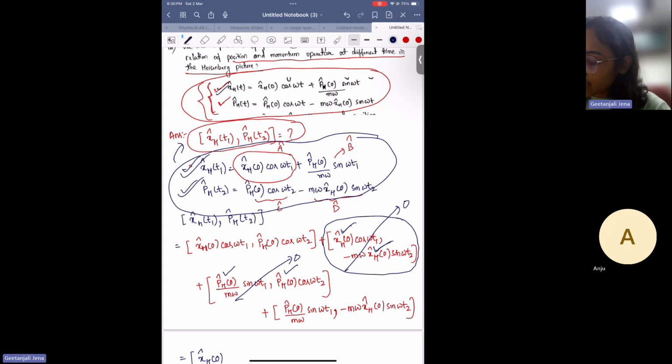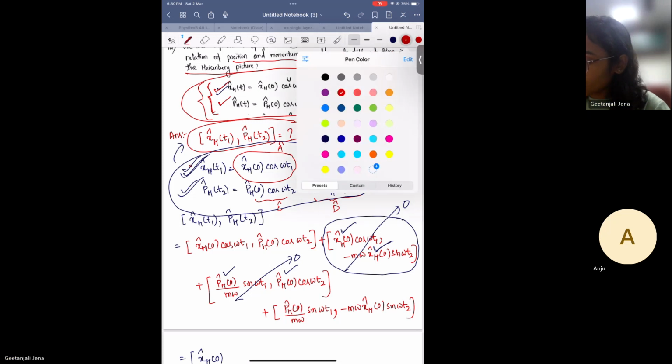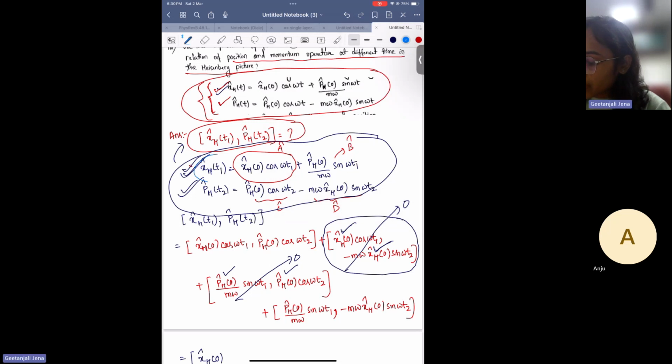Each of these representations, x and p, has two terms. So I have named the terms: for x, the first term is A and the second is B, and for P, the first term is C and the second is D.